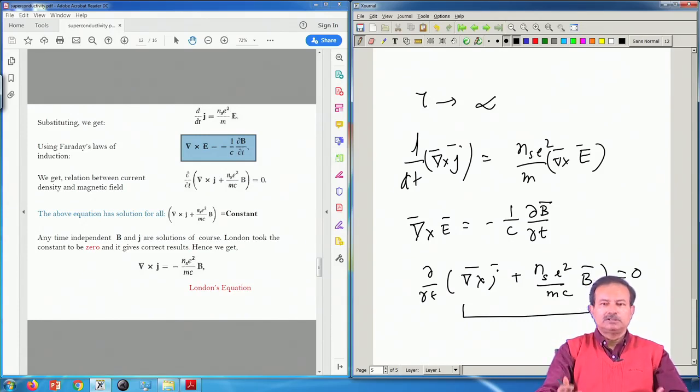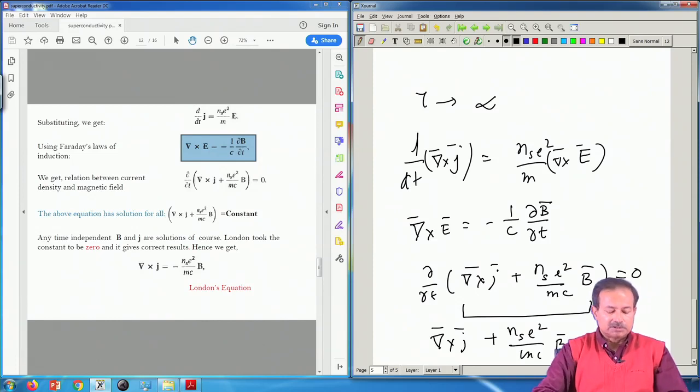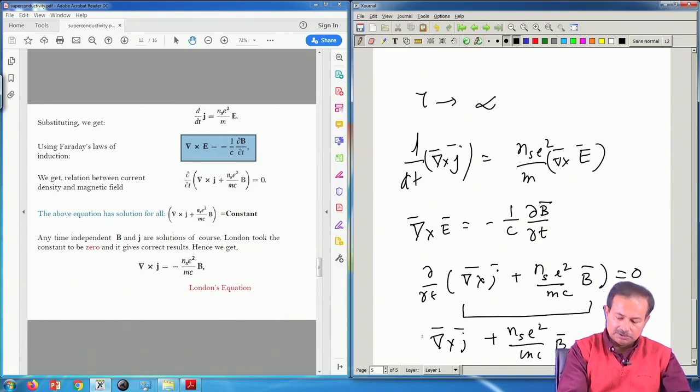Now, out of all the possible constants, there is a large number of constants you can choose, infinite in principle. So, you choose the one which is just 0. So, this object being 0 is what London chose, and this is called the London equation.